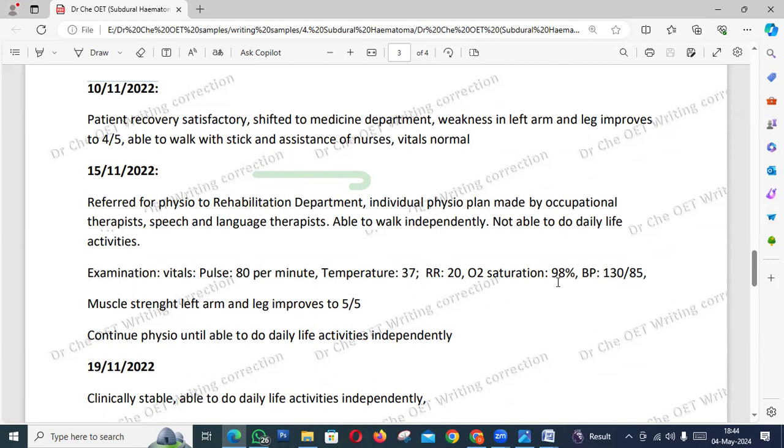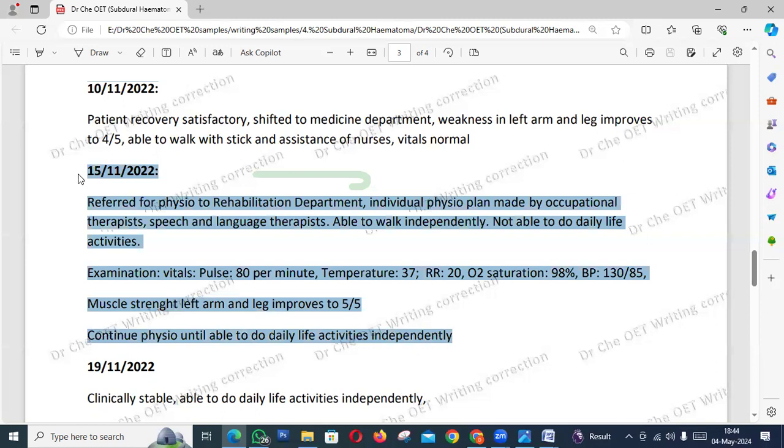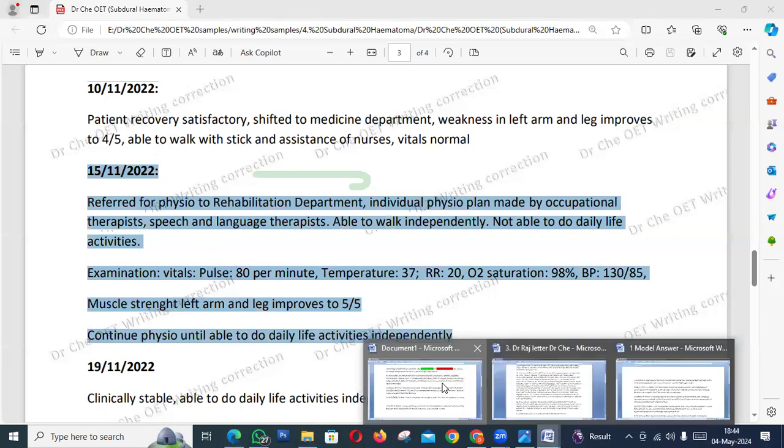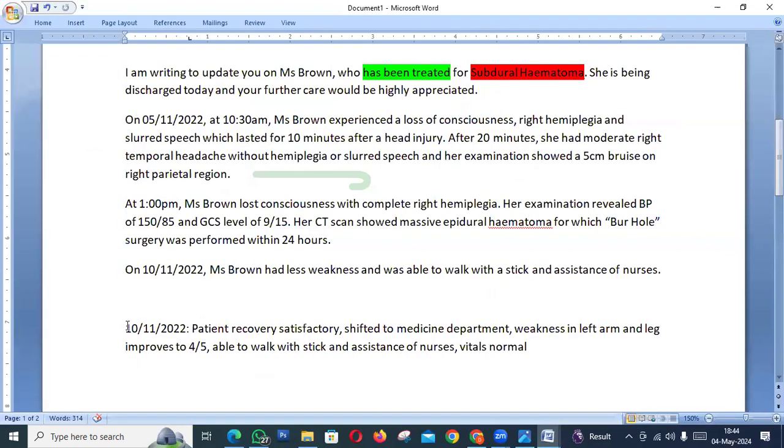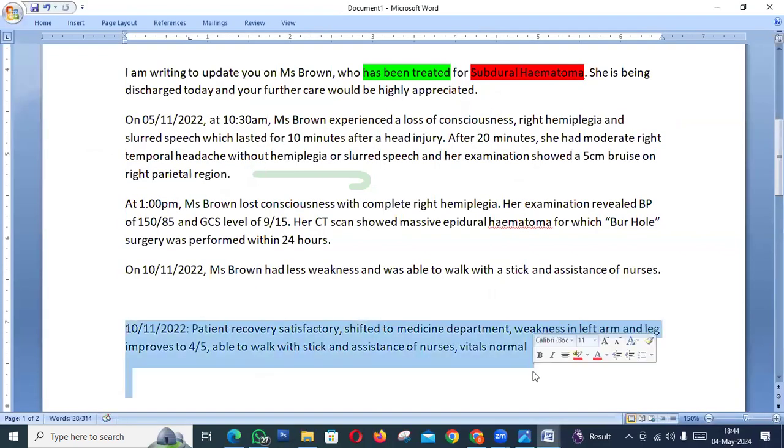Examination is okay. Vitals are normal. Blood pressure is normal. Muscle strength is normal, and she was advised to continue physiotherapy until she is able to do daily life activities. In this visit, what is important?